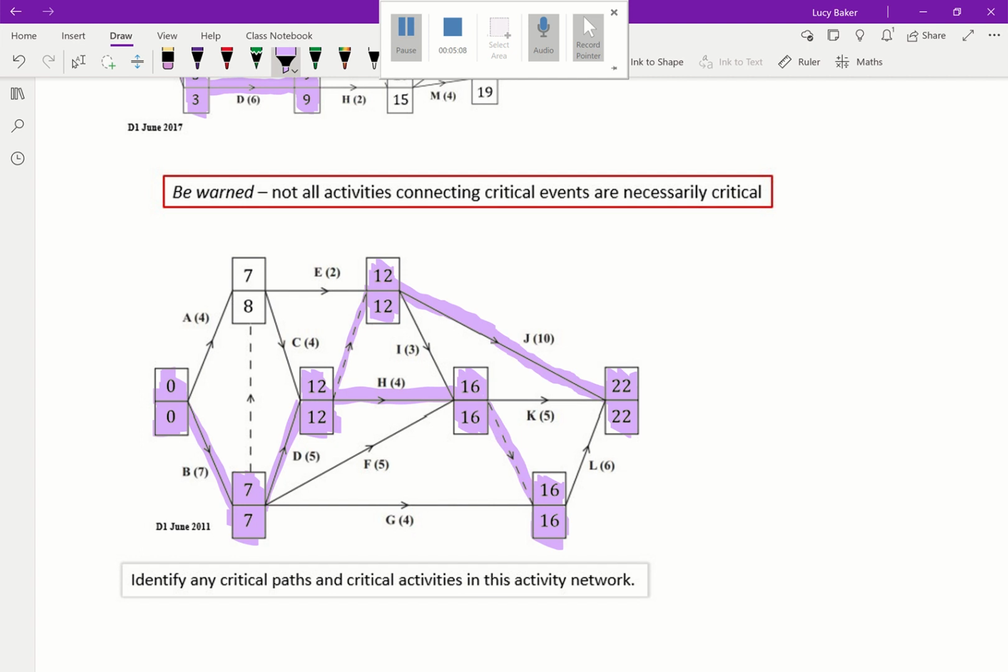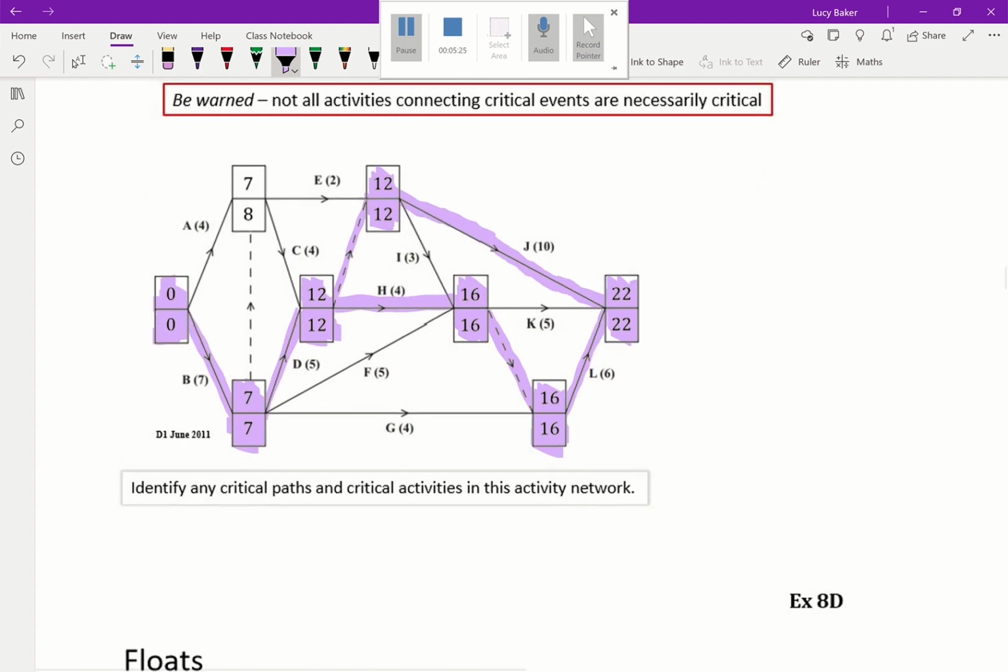Equally for this dummy. The dummy has no weight, no time connected to it. And L, well, the difference between 16 and 22 is 6. L takes 6 to complete, so this is going to be critical. There's no room to shift that time anywhere in that diagram.